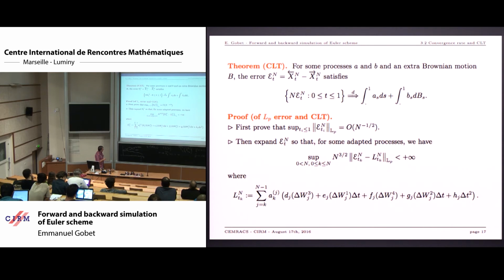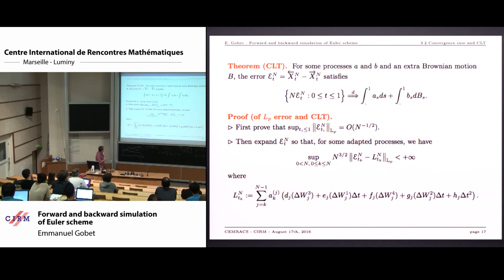Ln is an explicit sum of powers of Brownian increments, with explicit coefficients I'm not going to write here. The coefficients are adapted to the ambient filtration.